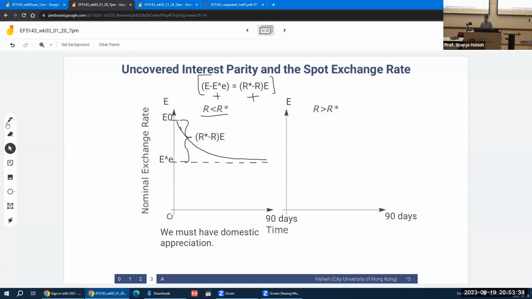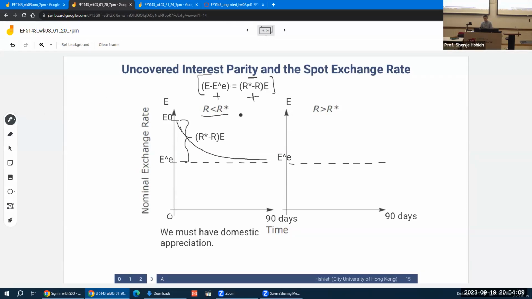All right, other direction. Again, I'm just going to arbitrarily choose a point to designate our anchored beliefs about the spot exchange rate. I'm just going to choose this one. And also just call it E hat E for redundancy. This equation tells us that if R, now regular R, domestic deposit rates, are greater than foreign deposit rates, then R star minus R must be negative, right?